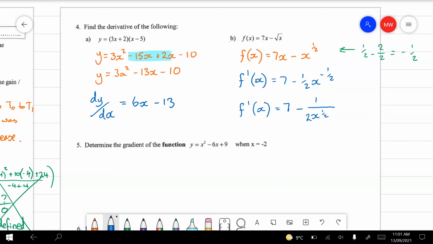Or another way of writing that would be 7 minus 1 over 2 square root of x. And we'll just write that in to be neat.